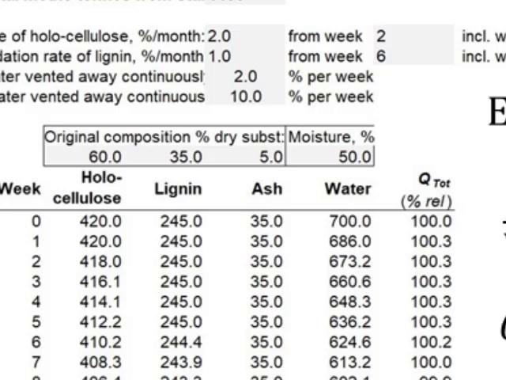This is equal to 0.5 kilos of water per kilo of holocellulose and lignin, as we said earlier. But then again, this amount is reduced by a percentage that is given among the in data. So in this specific case 10% of the new water, 97 kilos, is given off as vapor.